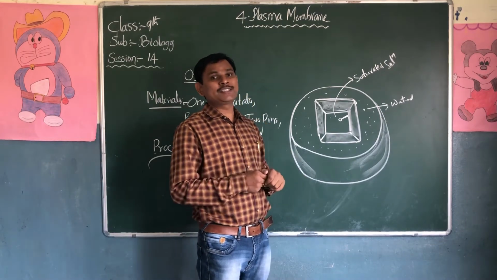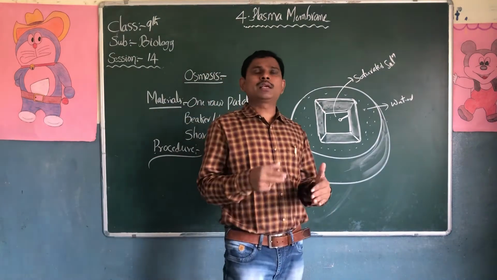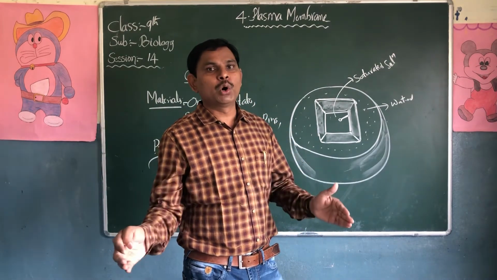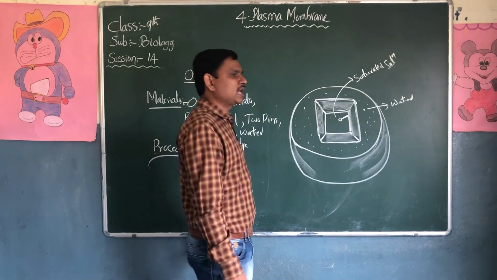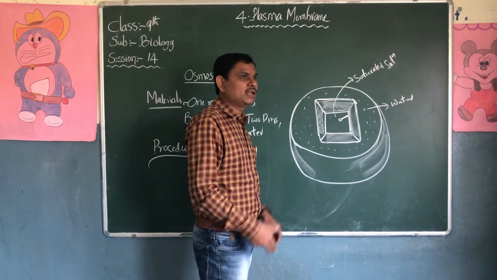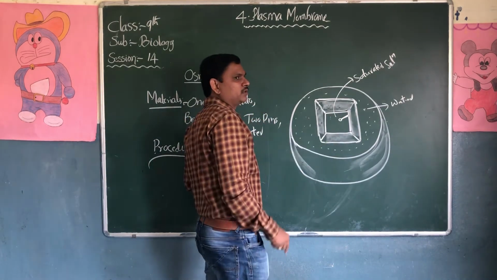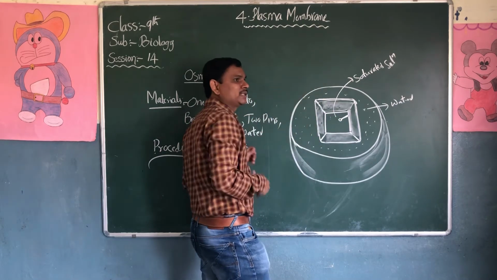So by the process of osmosis, what is osmosis? The molecules always move from low concentration to high concentration. There is a gap in the potato. We have pierced the pin there to observe where the water level is.